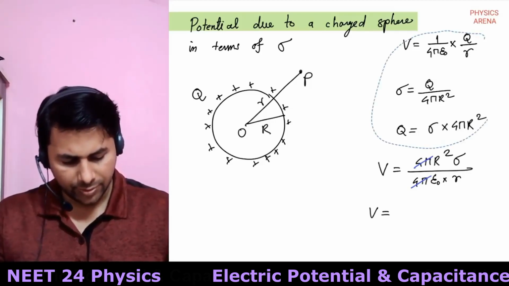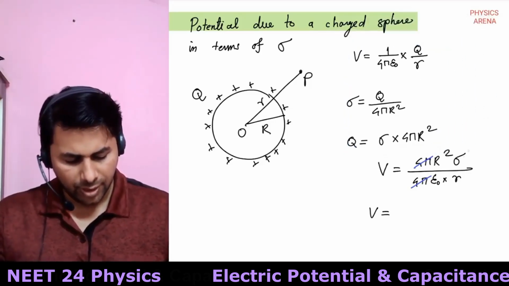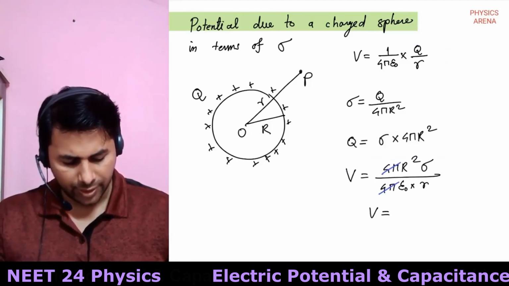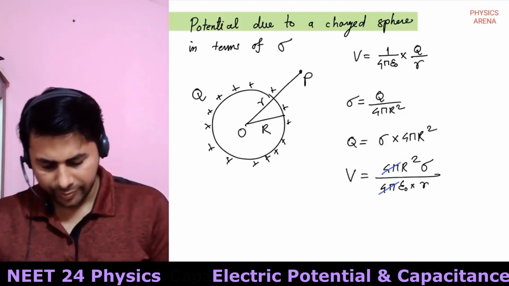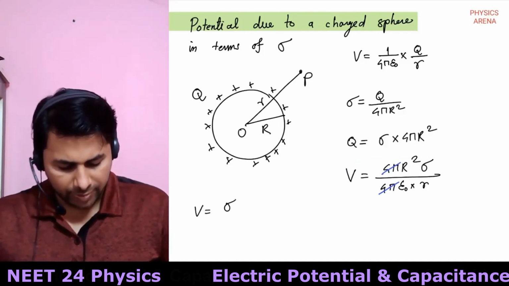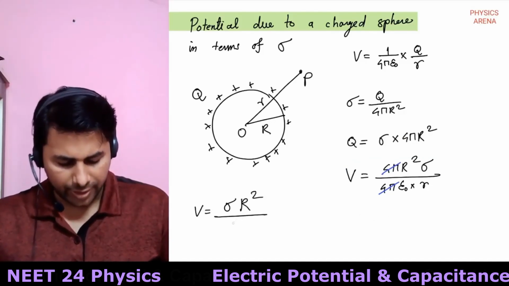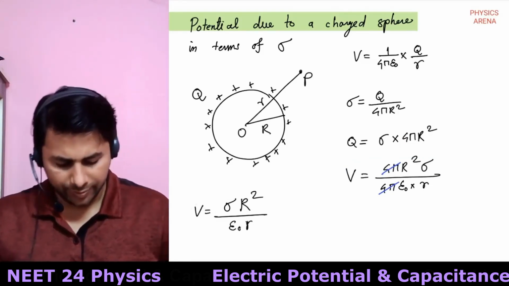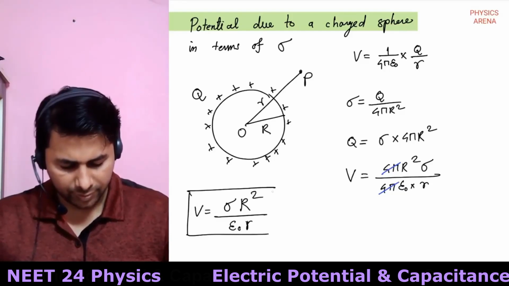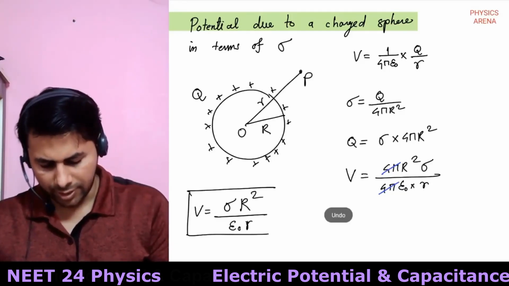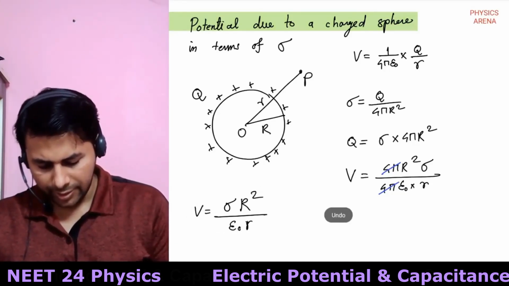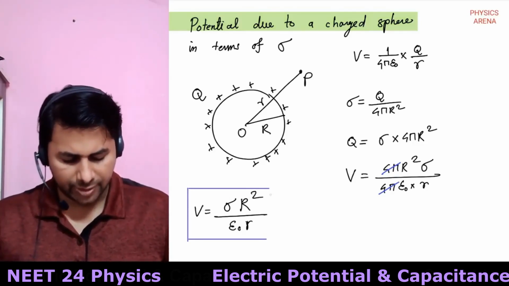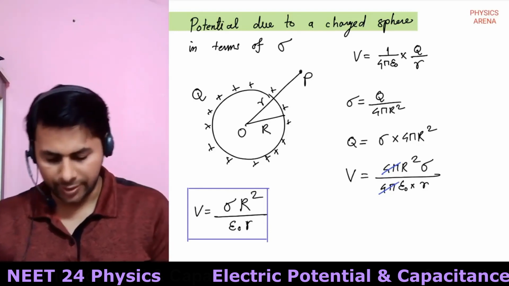So we are getting this formula: V is equal to sigma R square upon epsilon naught r. This will be the general formula. This we have to remember: sigma R square upon epsilon naught small r.